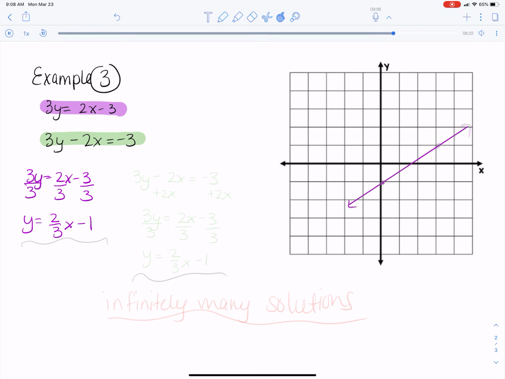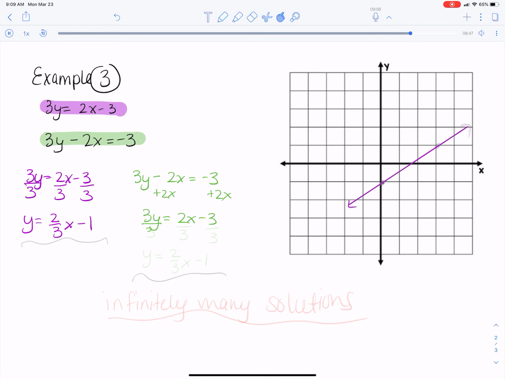And then if we look at our second equation, 3y, y is being multiplied by 3, but it's also being subtracted by 2x. Remember, we have to use PEMDAS backwards, so we're going to start with subtraction or addition. So I'm going to move the negative 2x over first. We're going to add 2x to both sides. We get 3y equals 2x minus 3.